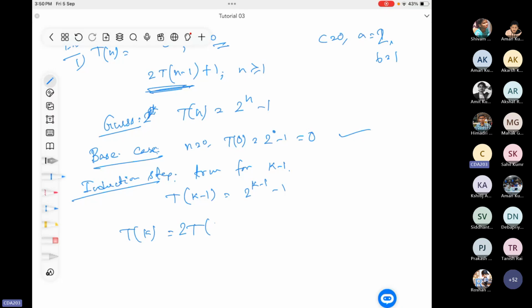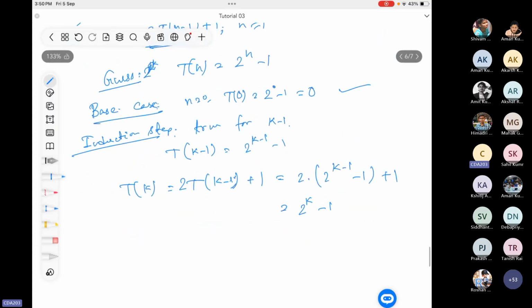Tk is what? 2 times t of k minus 1, plus 1. So which is, we have already seen, 2 times (2 to the power k minus 1, minus 1), plus 1. So this means this is 2 to the power k minus 1. Okay. So this is true for k.